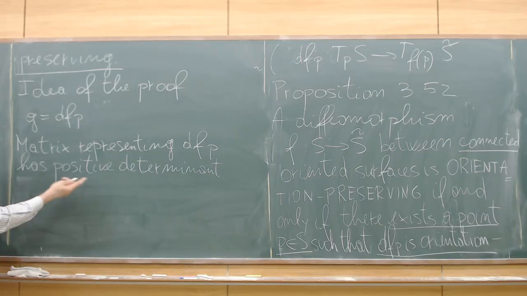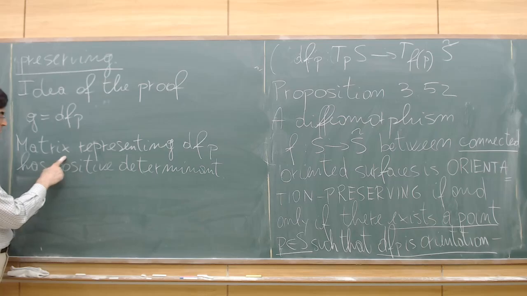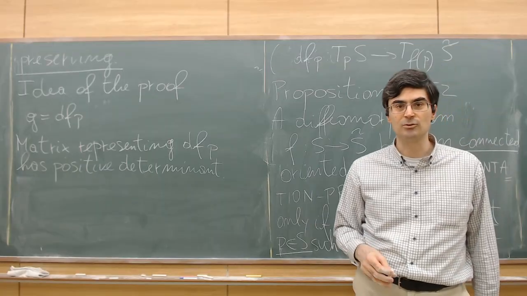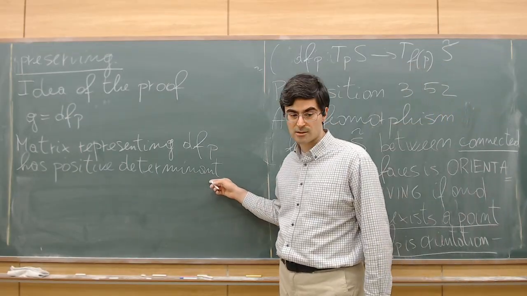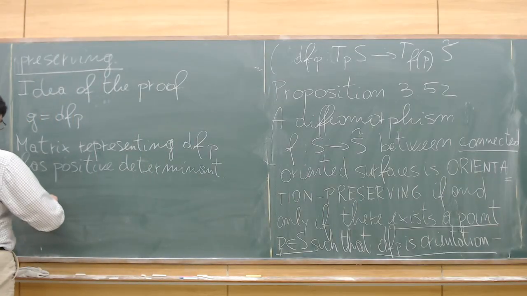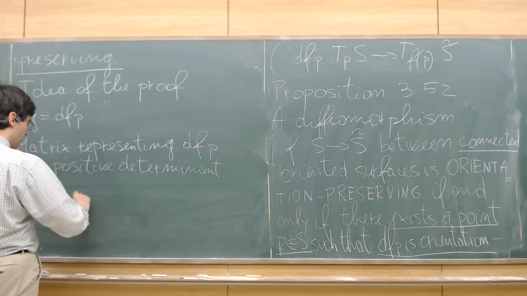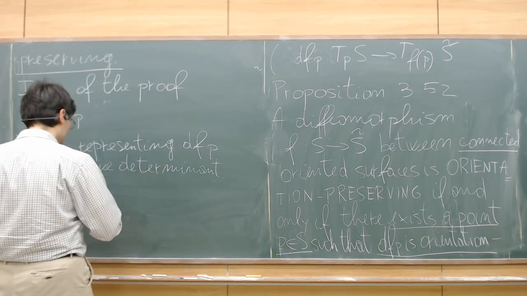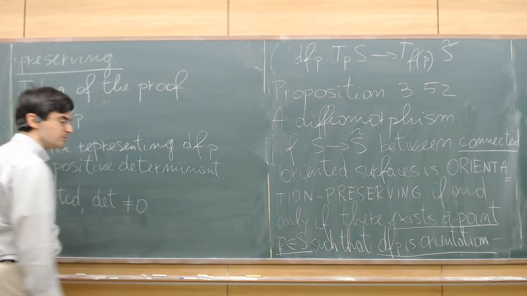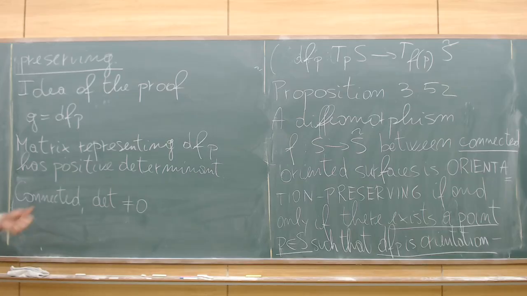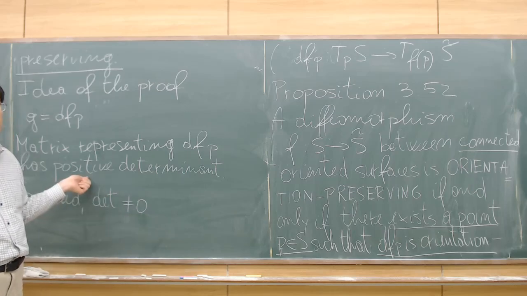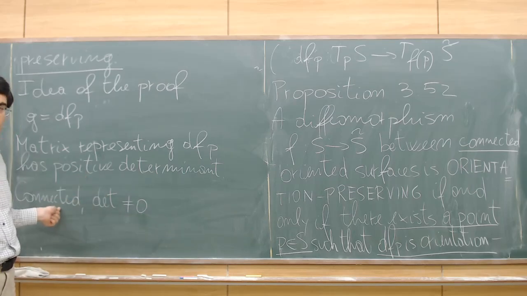You cannot have a change of sign because the determinant of dF_P can be considered as a continuous function on the surface. The surface is connected, and second remark, the determinant is always different from zero. So we have a continuous function which cannot be zero, which is positive at one point on a connected set.